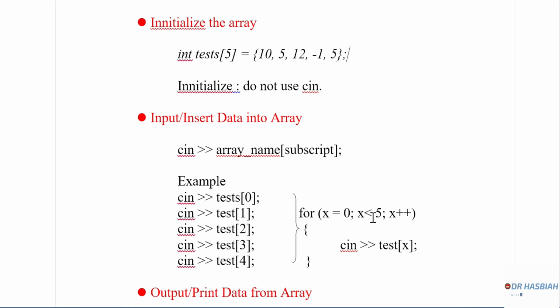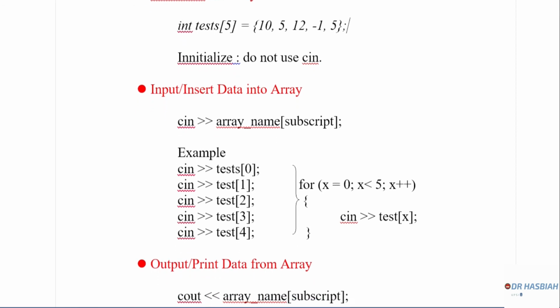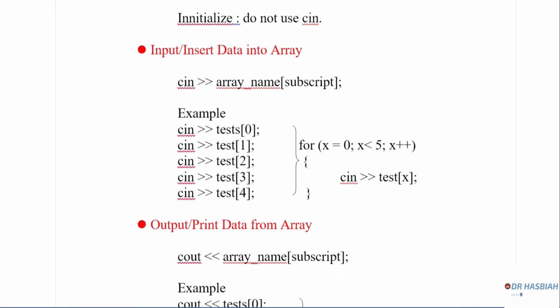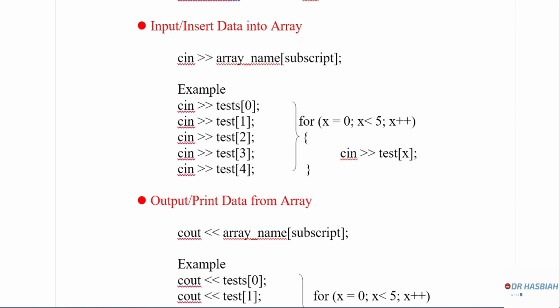All right, so that is the input statement. Now if you have inserted the data into the array, let's say now we have input all the data, we want to print the data from the array, we just use the cout statement. But you have to use cout array name, and then you have to put the subscript here, which element you want to see.